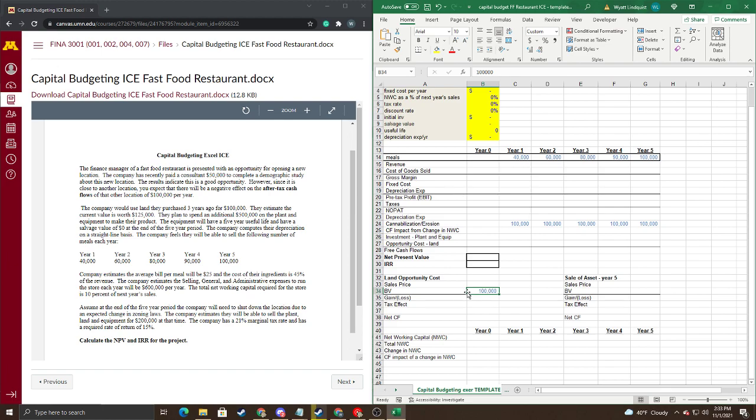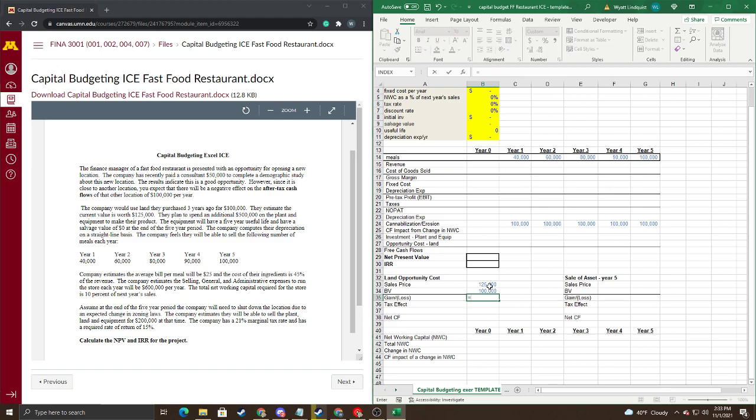It's just something that's never depreciated. So we're going to have its book value be $100,000. However, they estimate the current value of the land to be $125,000.